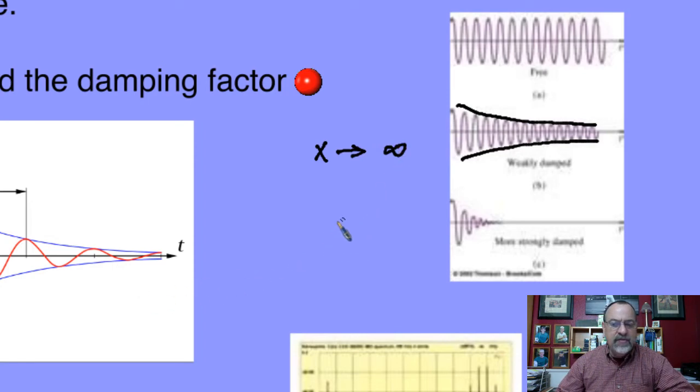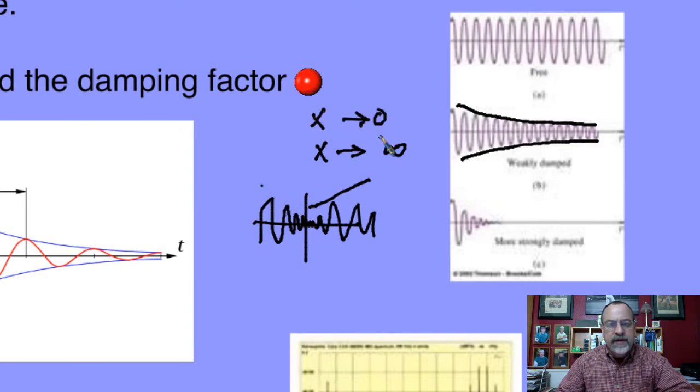Now you can have other functions where it's squeezed, maybe squeezed like this. So the squeezing occurs as we go towards 0. So our dampening effects are either going to be as x approaches infinity or as x approaches 0.